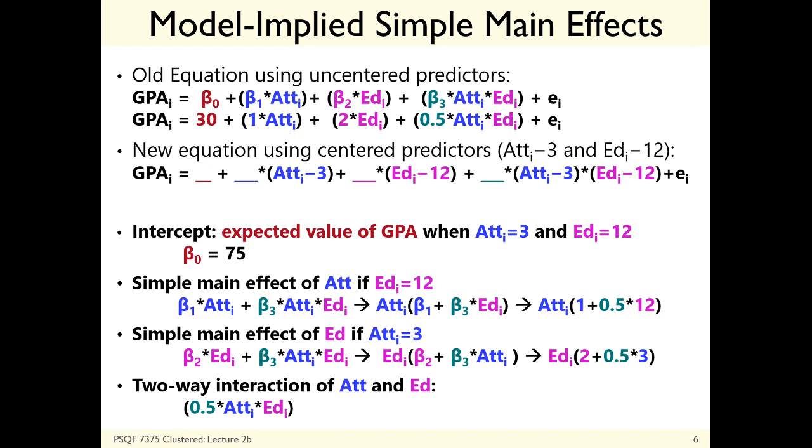To figure out what it would be in the new model, I start with every term that has the slope I'm looking for in it. The slope I want right now is this combined slope, the interaction term. That's the thing that I'm trying to get at. So I start with the two-way interaction. Is there anything else in the model that has both attitudes and education in it? Nope. That means I'm done. The two-way interaction is unconditional.